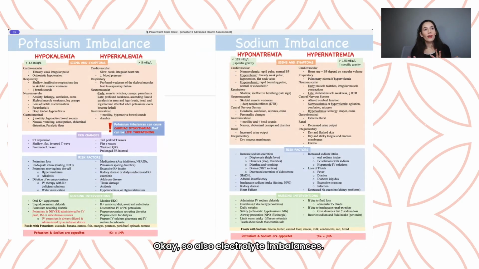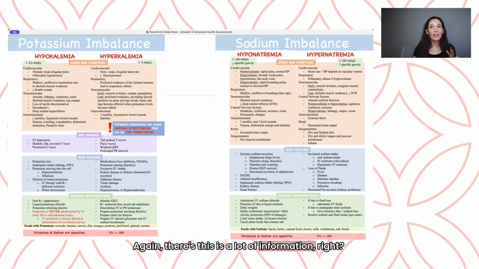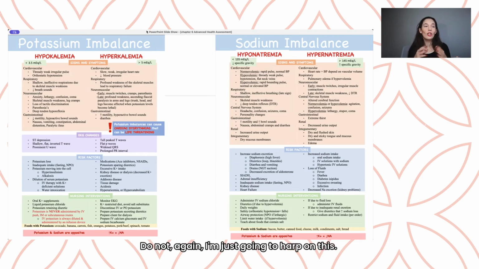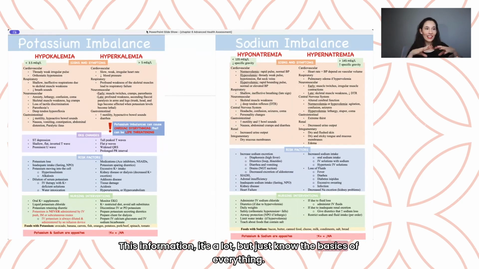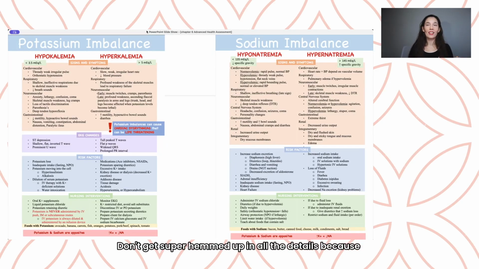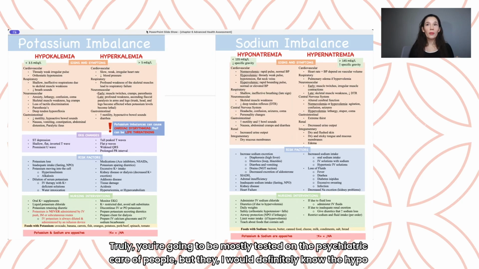Okay, so also electrolyte imbalances. Again, this is a lot of information, right? I'm just going to harp on this: do not get so hemmed up in the details of this lecture. It's a lot, but just know the basics of everything. Don't get super hemmed up in all the details, because truly you're going to be mostly tested on the psychiatric care of people.